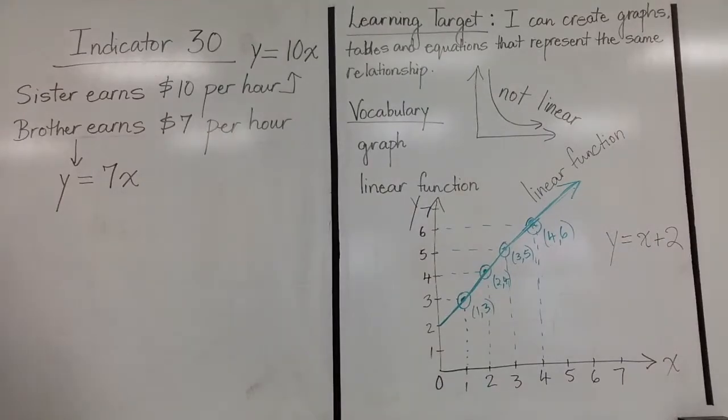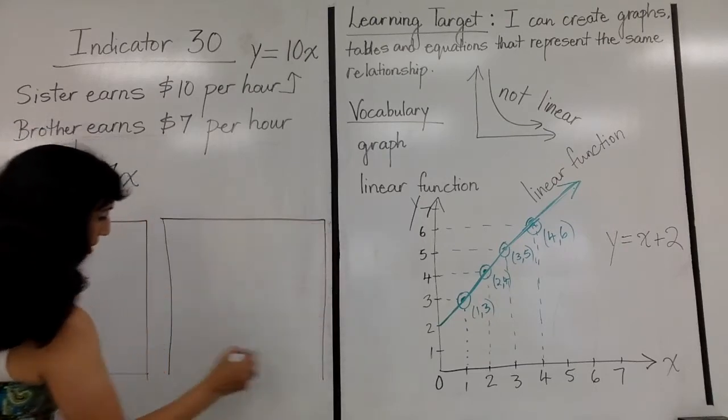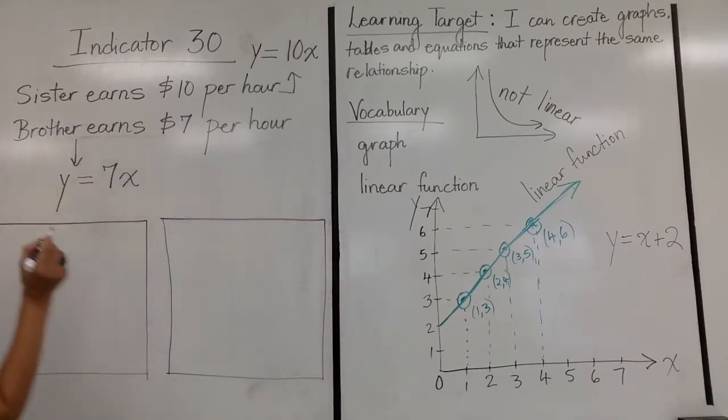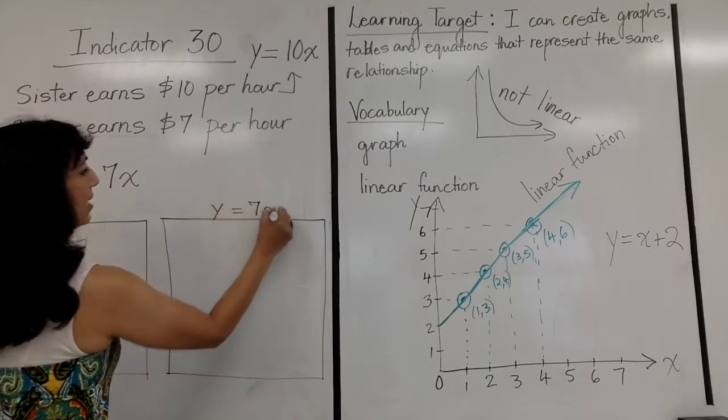So in this case, we are going to make two graphs because you have to graph both of them on the same graph. So I'm just going to first make two tables. Okay? And I'm just going to write input, output over here. This is y is equal to 10x, and here y is equal to 7x.